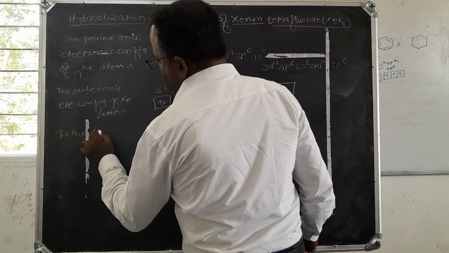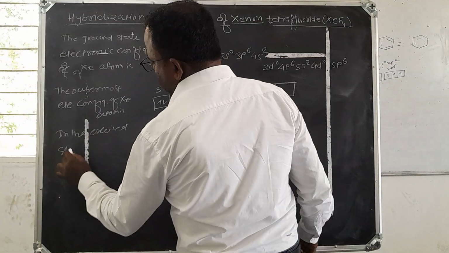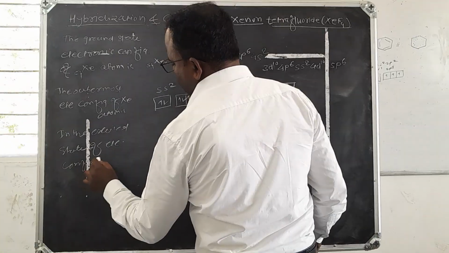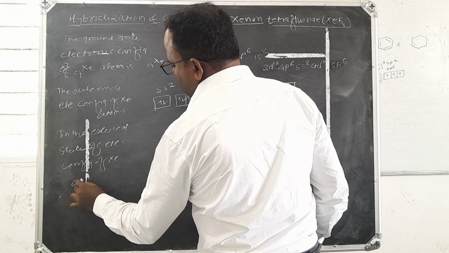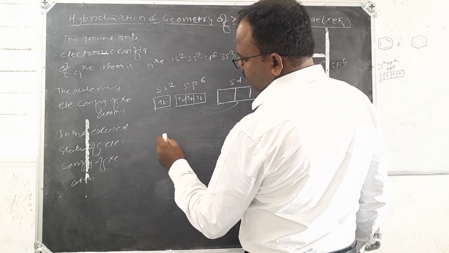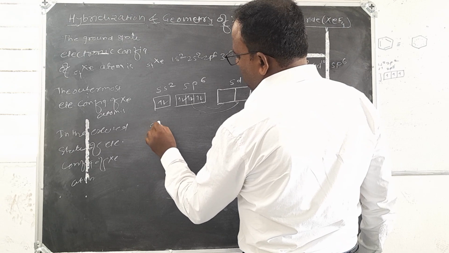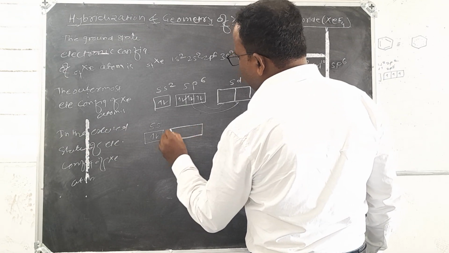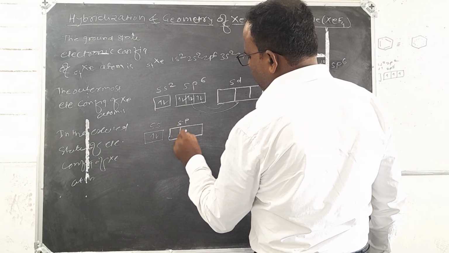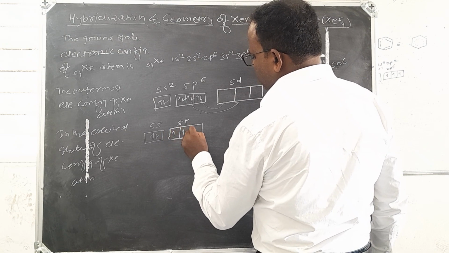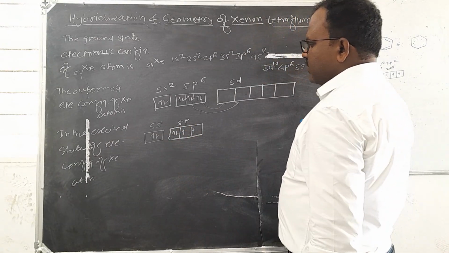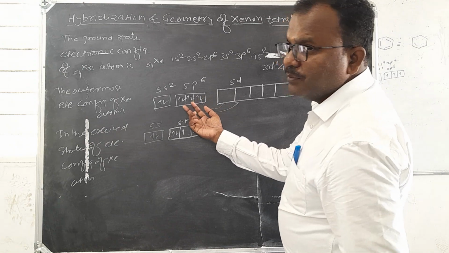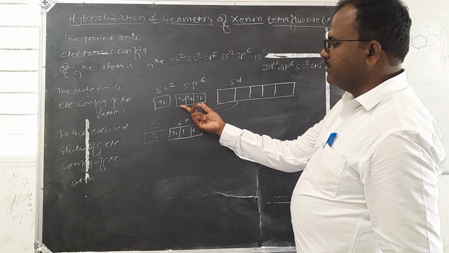In the excited state electronic configuration of the xenon atom, 2 electrons are present in 5s, and in 5p 4 electrons are present, that is, 3 paired electrons, which means 3 lone pairs.